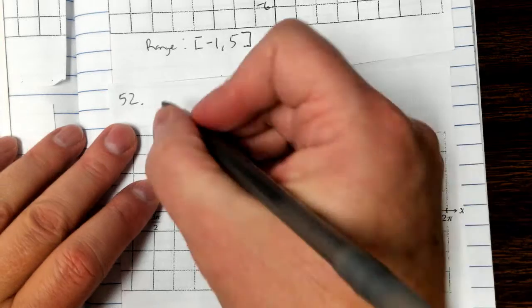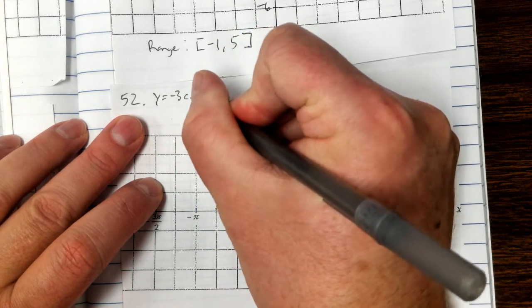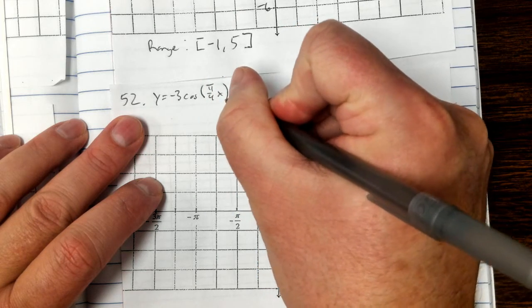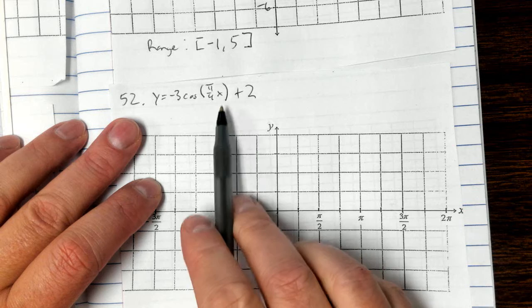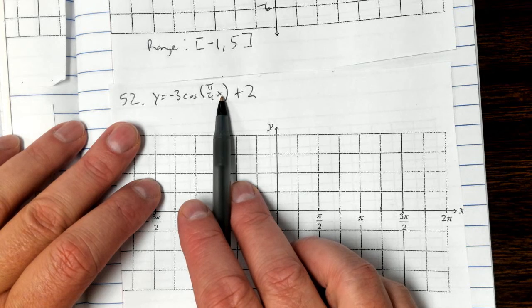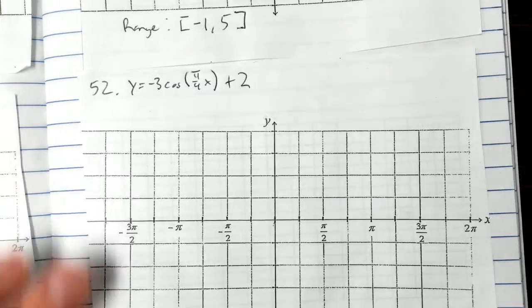On this one, our equation is y equals -3 cosine (pi/4 x) +2. Remember, if when you were typing it, you forgot your x, it would just be a flat line even if you're in radian mode. So make sure you're typing your x's.